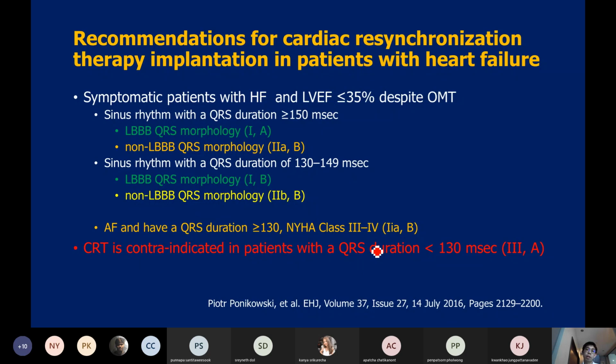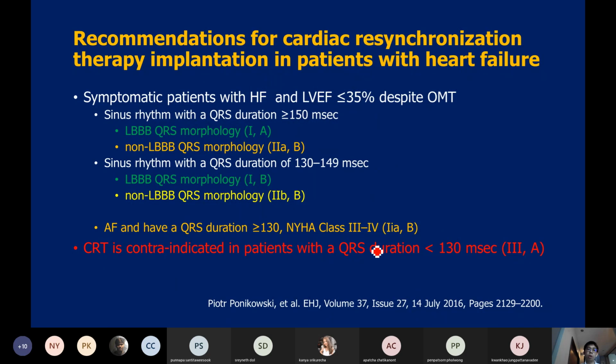The patient with a very low EF, lower than 35 percent, sinus rhythm, with a very wide QRS complex, more than 150 milliseconds, means there is a lot of dyssynchrony. A left bundle branch block pattern is more likely to benefit than a non-left bundle branch block.